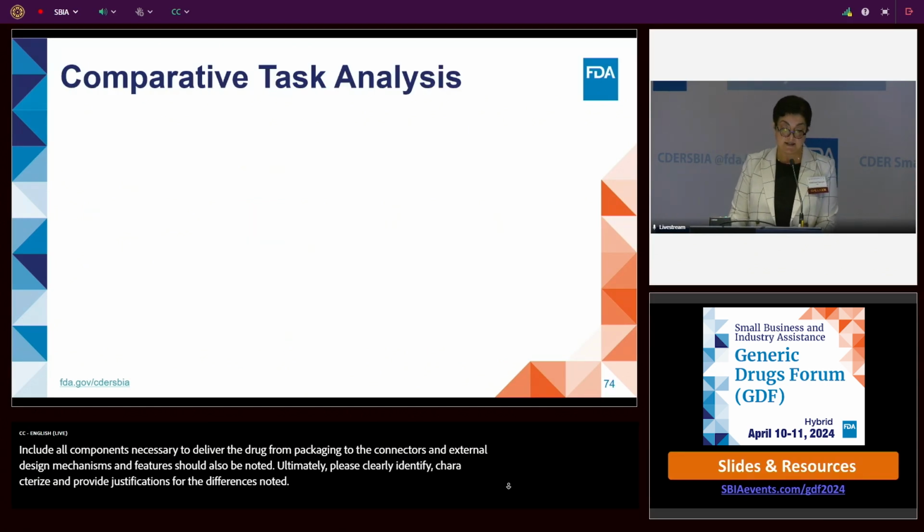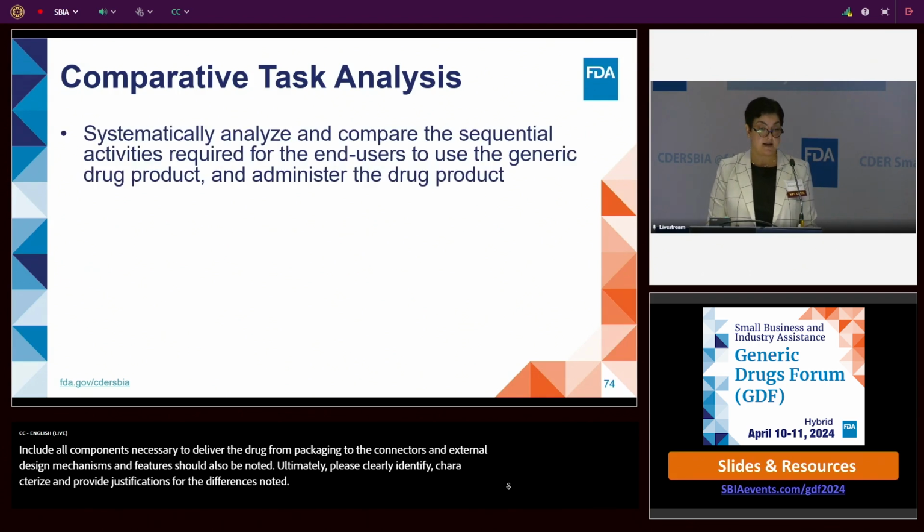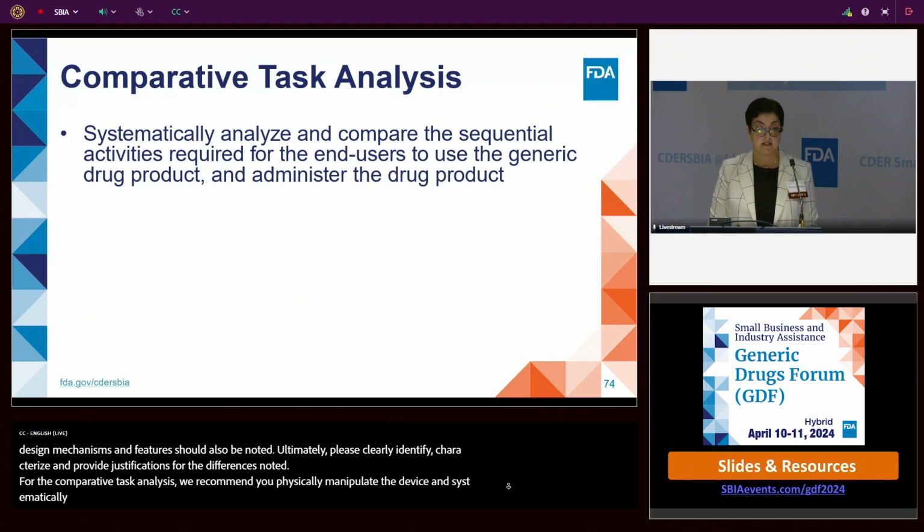For the comparative task analysis, we recommend that you physically manipulate the device and systematically analyze and compare the sequential activities required for the end users to use the generic drug product and administer the drug product.